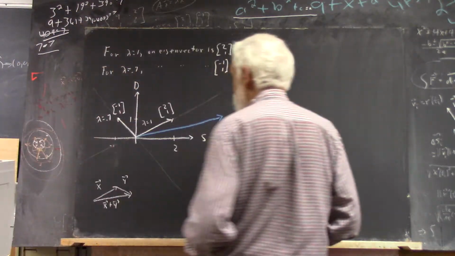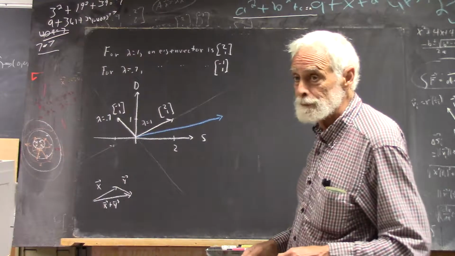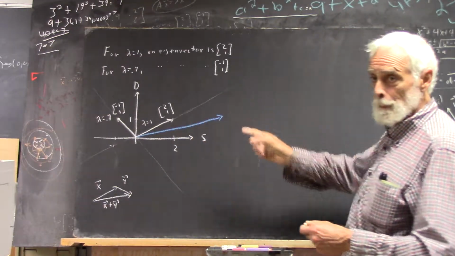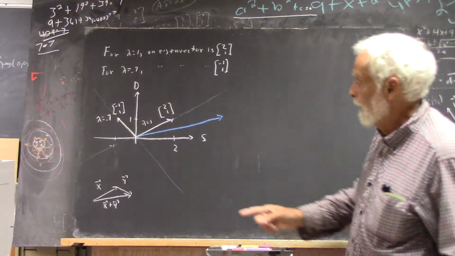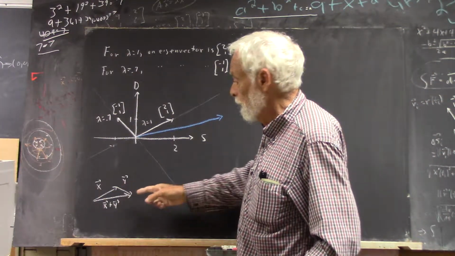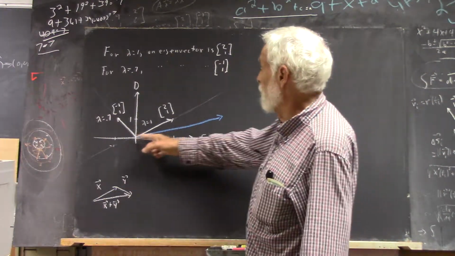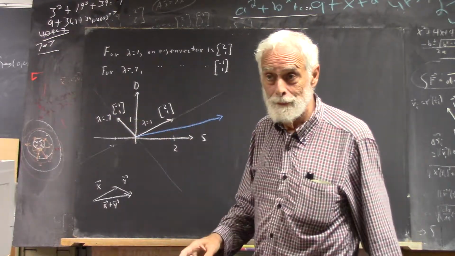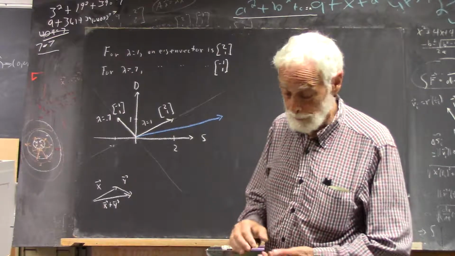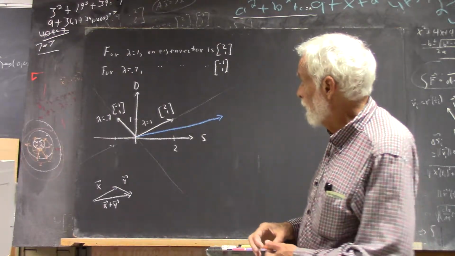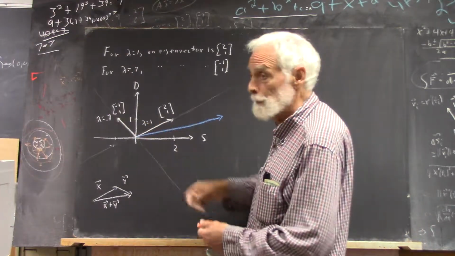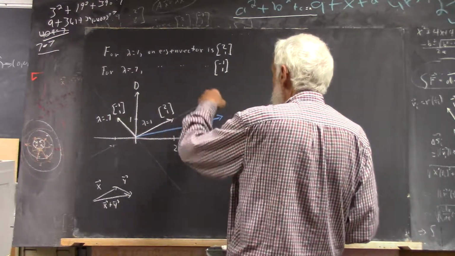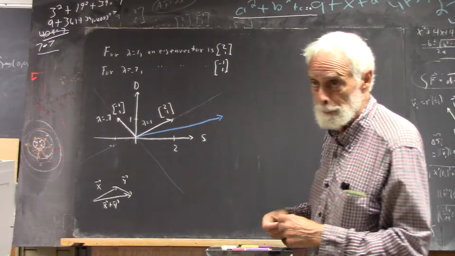Okay, so what you have here is you want to express this blue vector as a sum of two vectors, kind of looks like this. One vector along this line and another vector parallel to this one. Okay? Well, the second vector has to be parallel to this one, and it has to go from the tip of a vector on this line to the tip of a vector on this line.